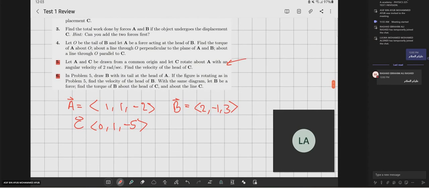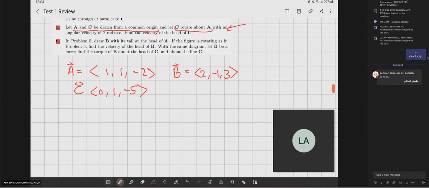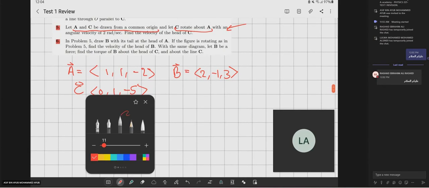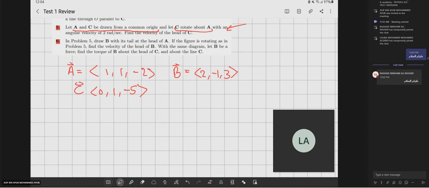Now, in the question we are told A and C are drawn from a common origin, and C is rotating about A. So the picture you have to have in mind is as follows. You have vector A and vector C, like this, from a common origin.